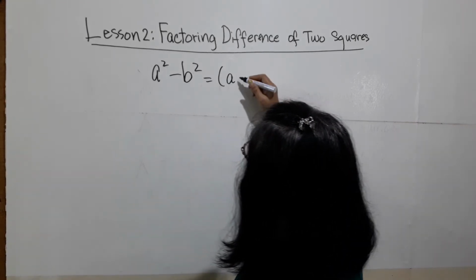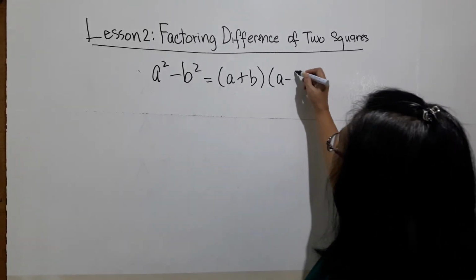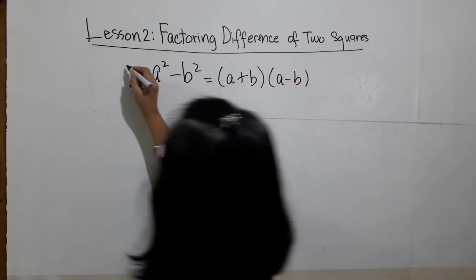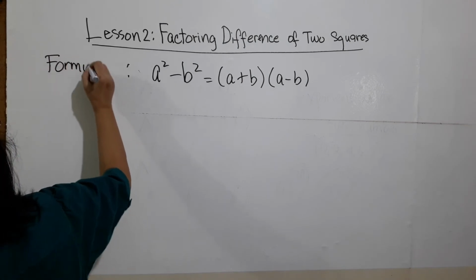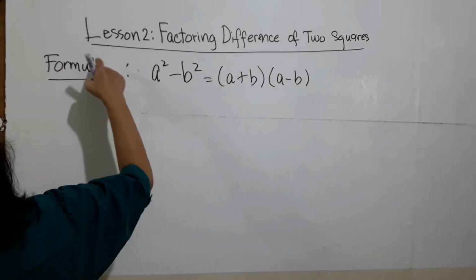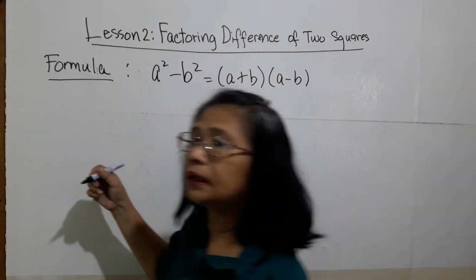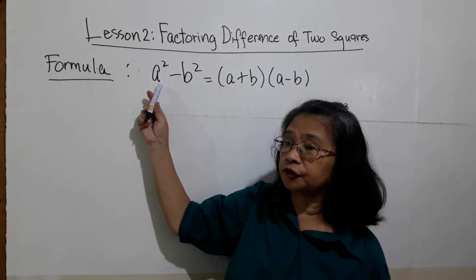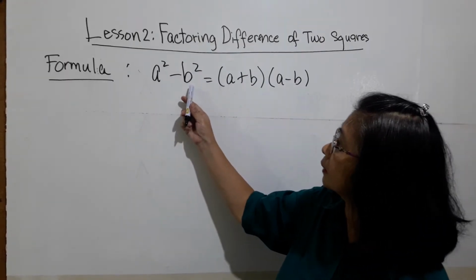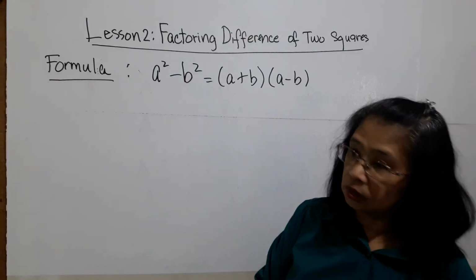The first factor is a plus b. The second factor is a minus b. So do not forget this. This is the formula to follow as a guide in factoring difference of two squares, wherein a represents the first term and b is the second term of the given binomial.